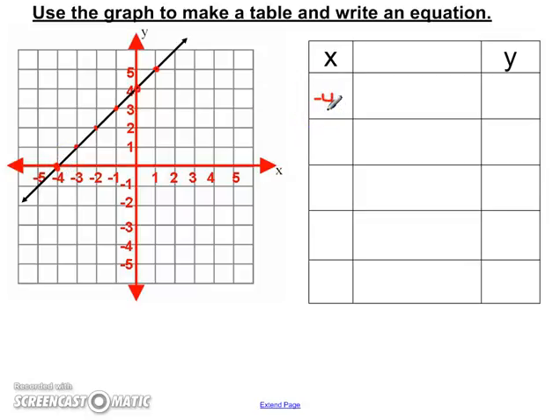So my x coordinate is a negative 4, my y coordinate is 0. This point right here is negative 3, 1. This point right here is negative 2, 2. Here we have negative 1, 3. And here we have 0, 4.